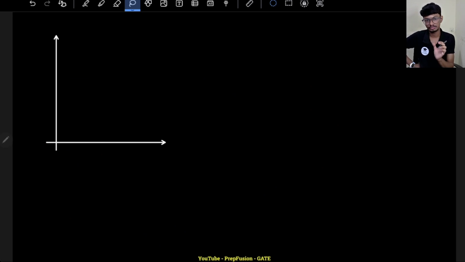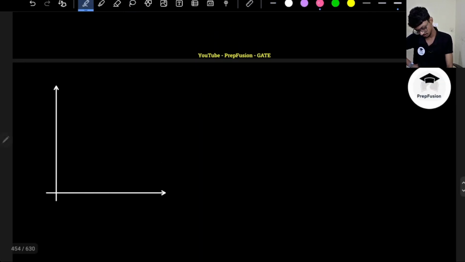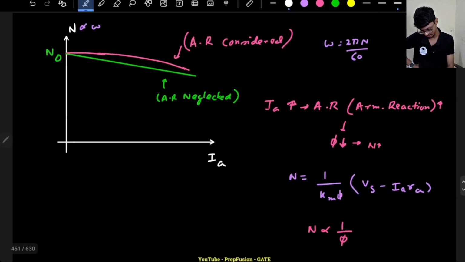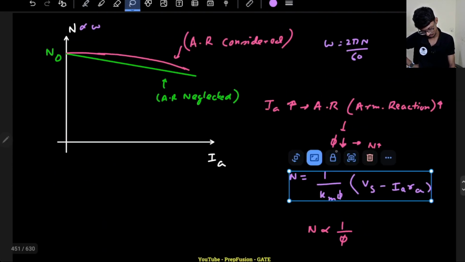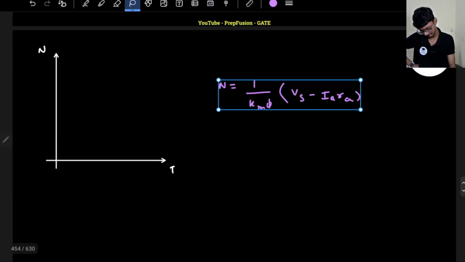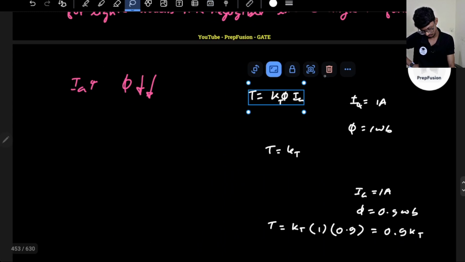I need a relationship between the speed and the torque. So this will be the speed-torque graph. What things do I know till now? I know the speed equation. Speed equation is this. I know the torque equation, this.